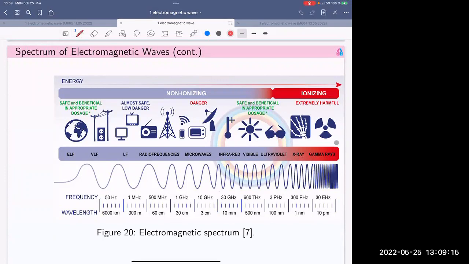You may not often hear about these two bands because they are very dangerous. You can see them only on special occasions like at the hospital. All right, that's the whole picture of the electromagnetic wave band in terms of frequency.